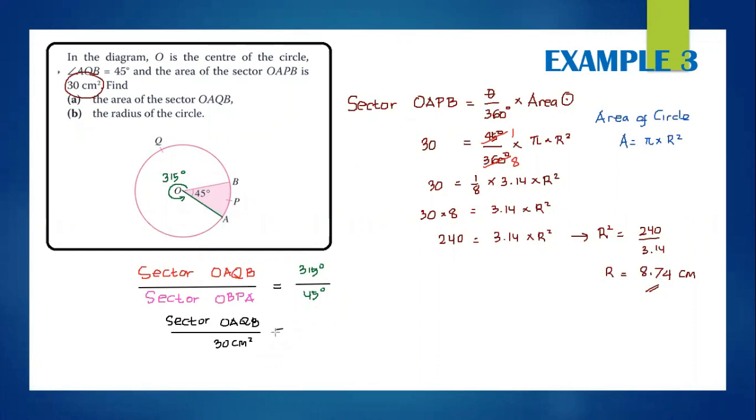Equals 315 degrees over 45 degrees. Very easy, right? So what's the next? The next is cross multiplication, right?